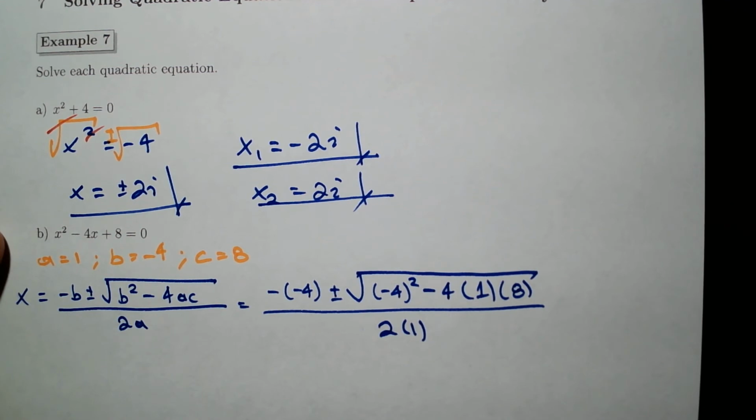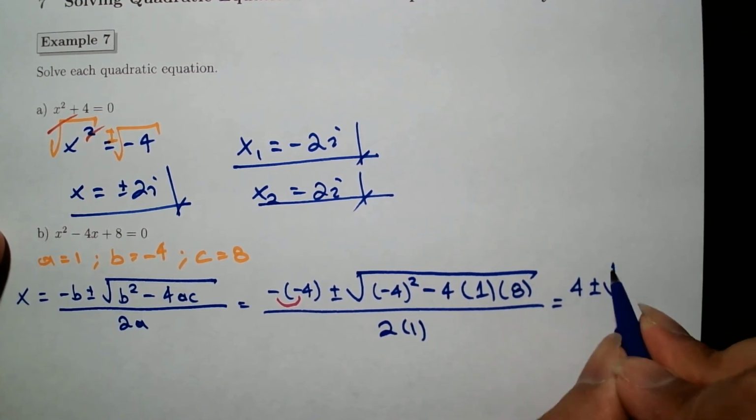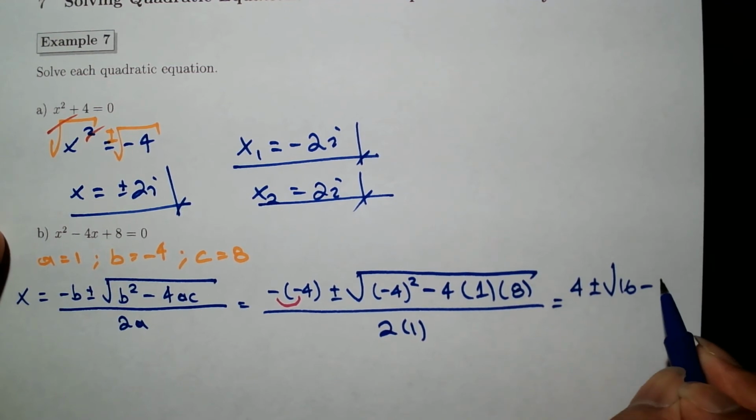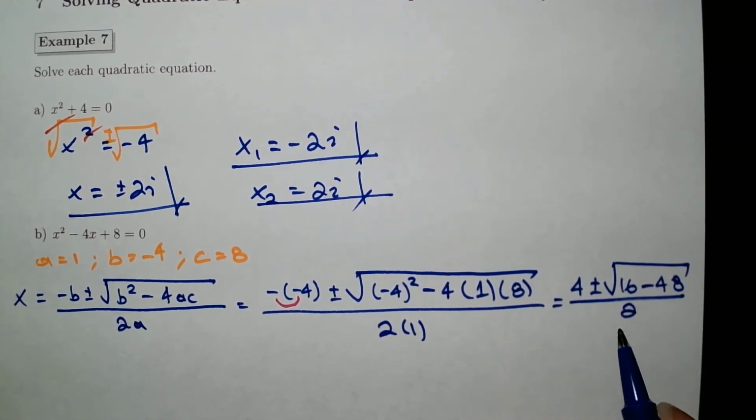So, smile rule here. 4 plus or minus the square root of 16 minus 4 times 8, that's 32, divided by 2.